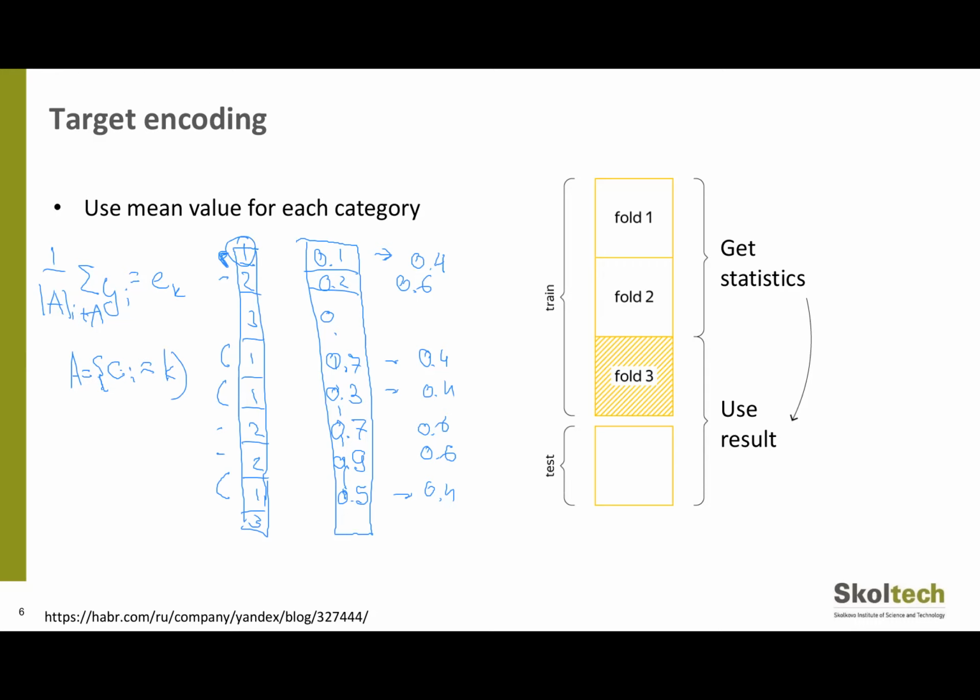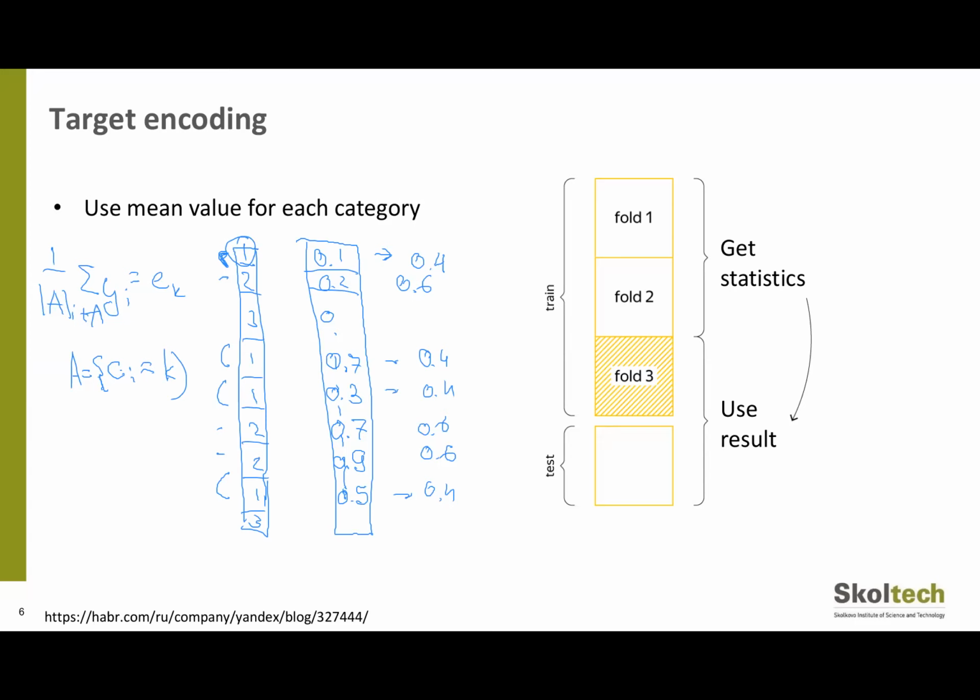We try to construct some correspondence between the target variable and the categorical variable we work with to have something meaningful. It kind of works. It was popular and is still popular in many Kaggle competitions.